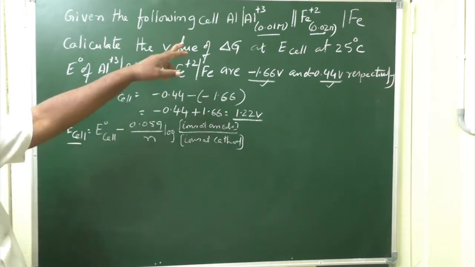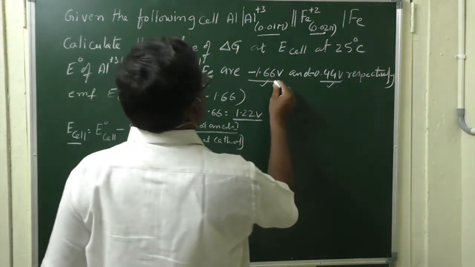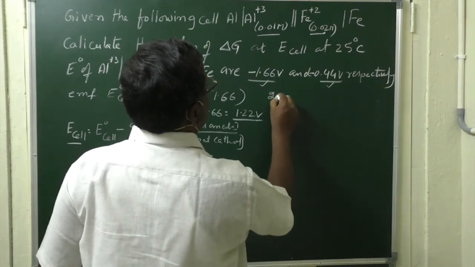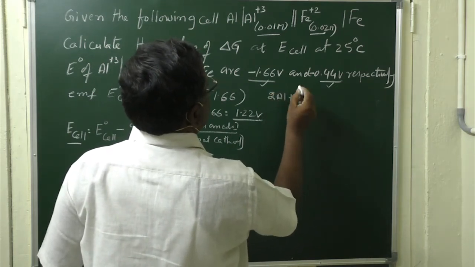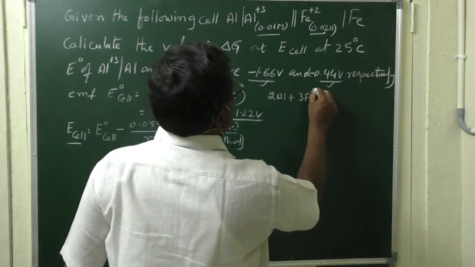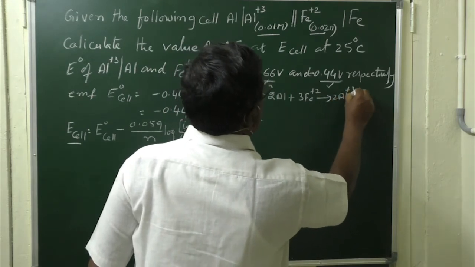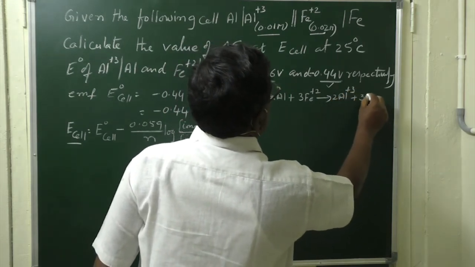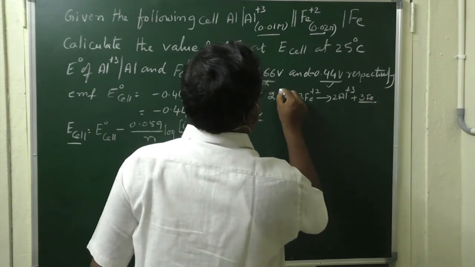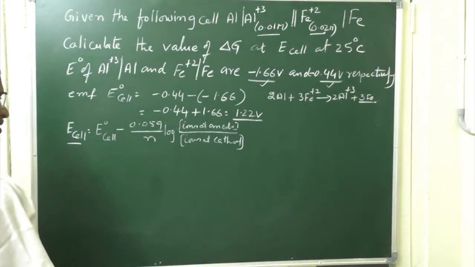If you write the balanced equation, you will have the equation like this: 2Al plus 3Fe2+ gives 2Al3+ plus 3Fe. So here 6 electrons are involved in this reaction, so n is equal to 6.